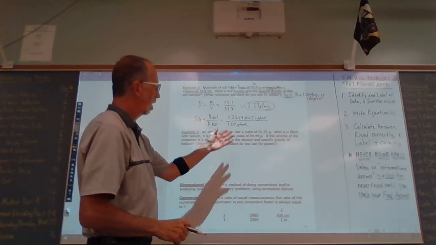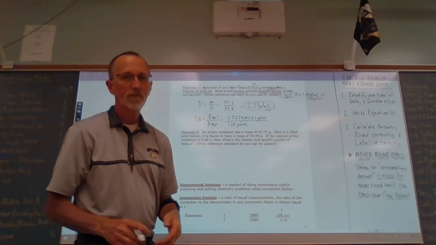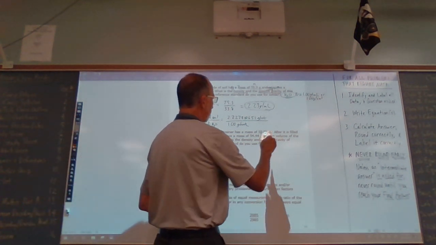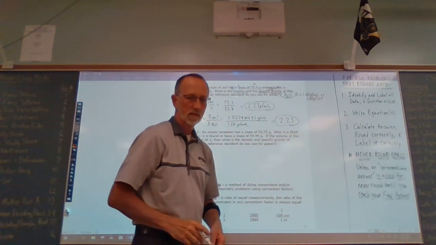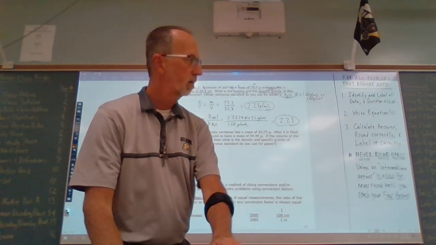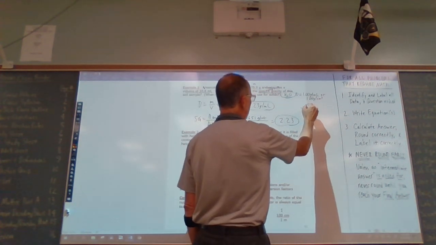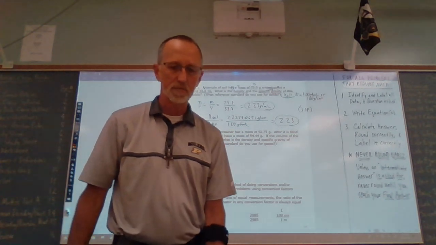And again, here's a bunch of sig figs, and here's 3. We're rounding our final answer to 3. 2.23. 3 sig figs, right? You don't have to write that down, but I'll just write it down as a reminder, all right?